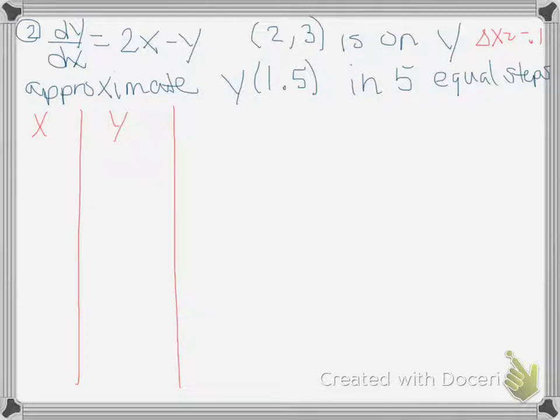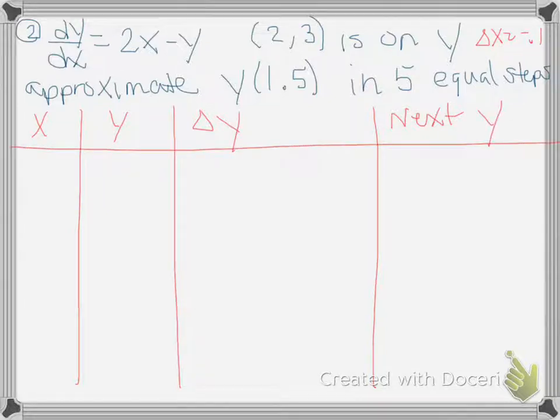So as we make our table, because we got to make our table every time, delta y, giving me lots of room there for delta y and our next y. If you need to write down each time how to find delta y and the next y, you can.